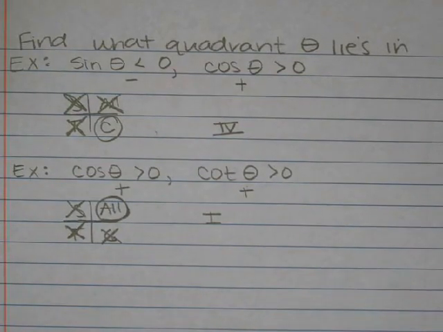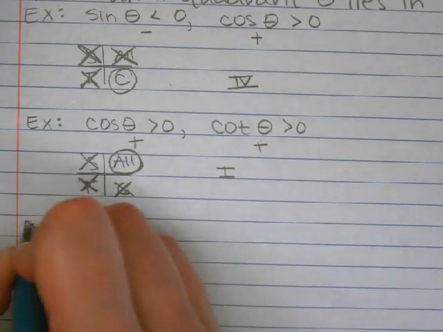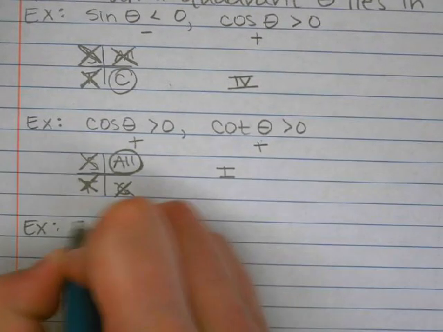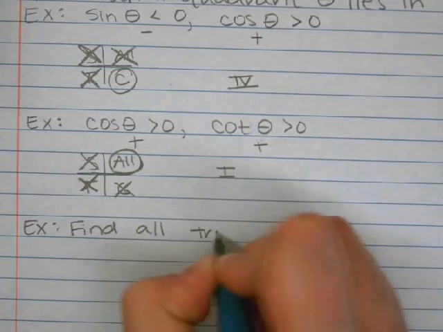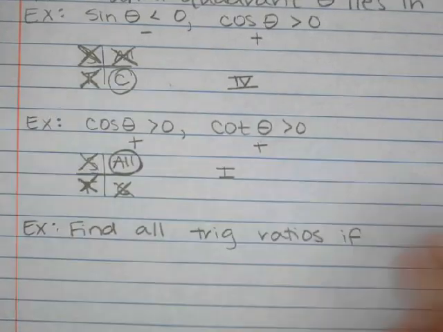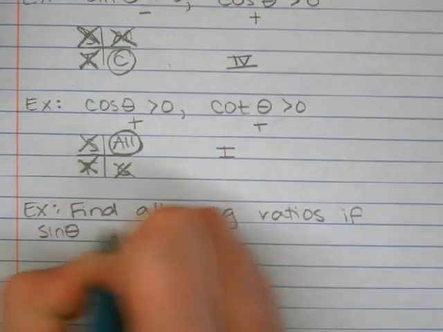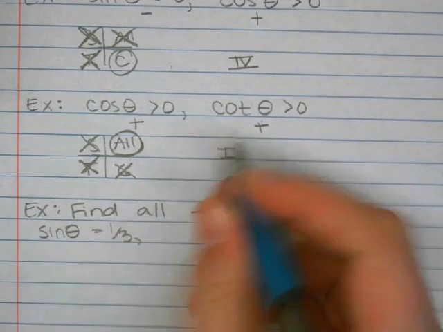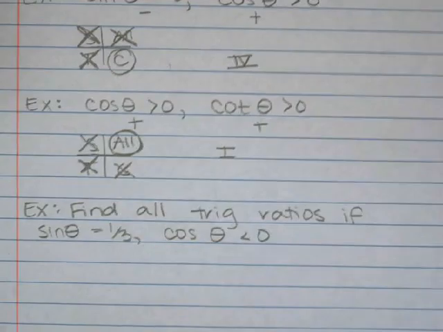Okay, so next we're going to look at another problem. We're going to find all trig ratios if sine theta equals 1/3 and cos theta is less than 0.